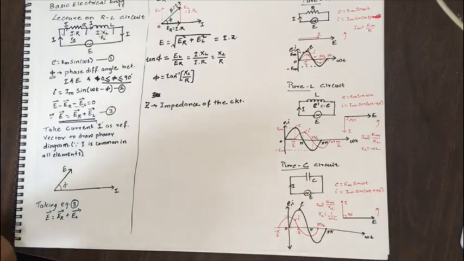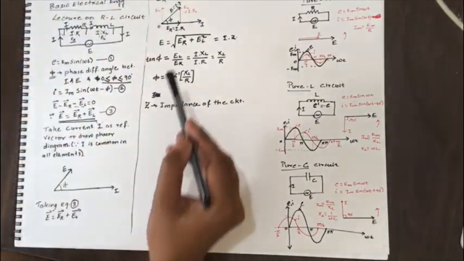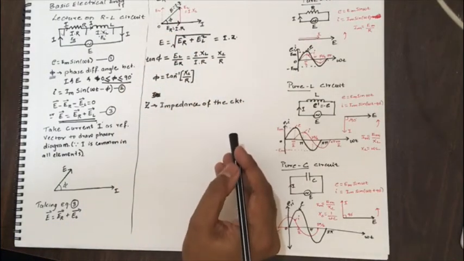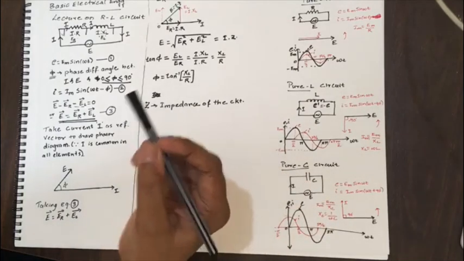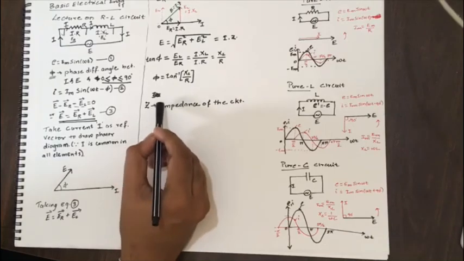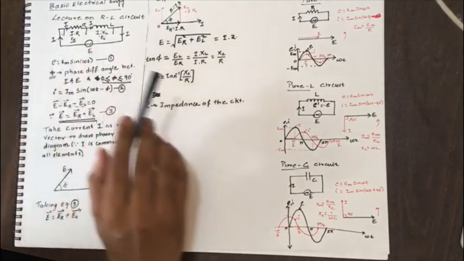So this is the phasor relation between E and I in case of RL circuit. Momentarily we will stop here. In the next lecture we will see what is the power consumed in this circuit.